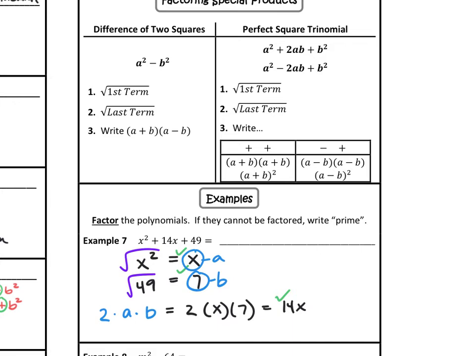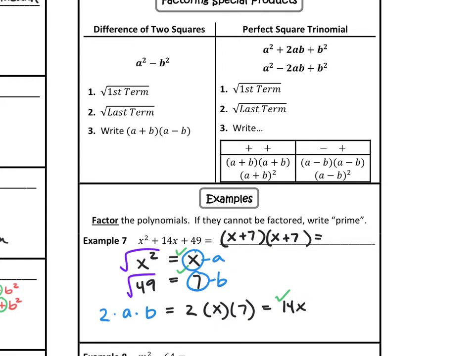And so it's going to be parentheses a plus b, but a is x and b is 7. So it's going to be x plus 7 times x plus 7.